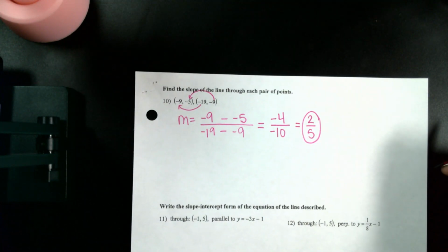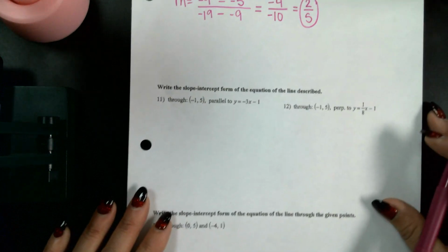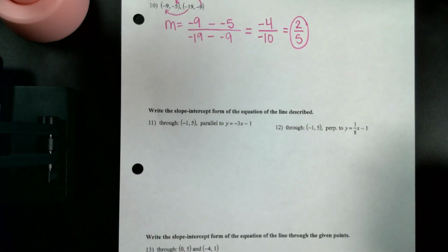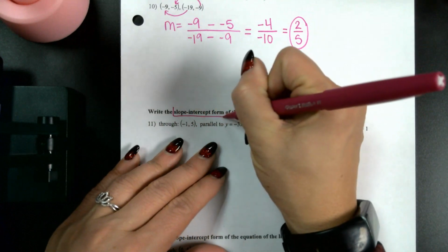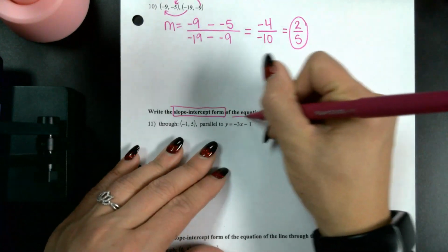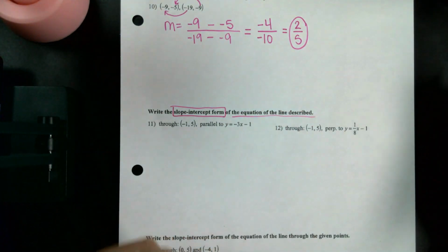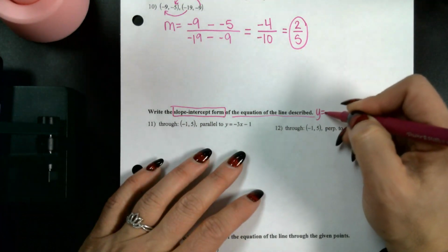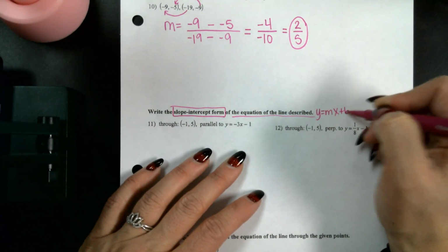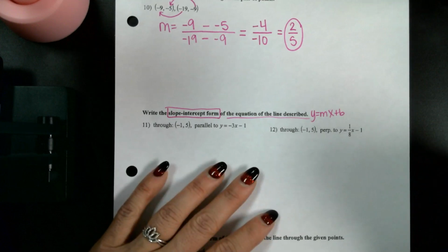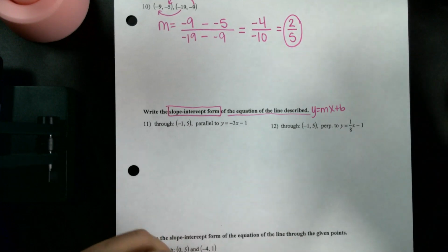Now in the next section, for 11 and 12, it says write the slope-intercept form of the equation of the line. So at some point, we are going to have y equals mx plus b, and we're probably going to have to do a plug and chug, okay?